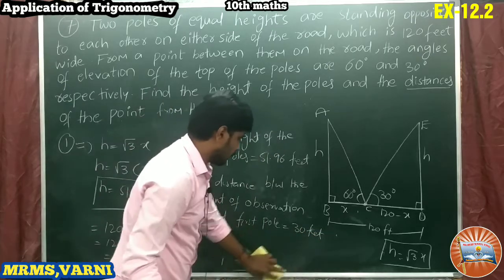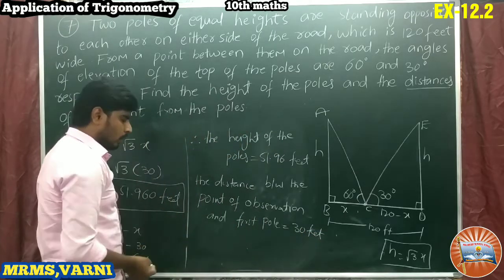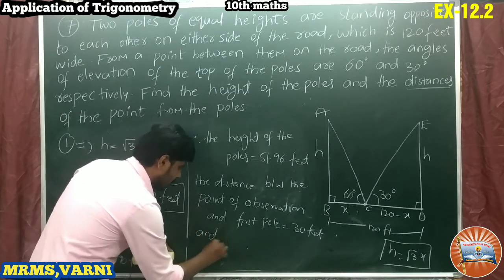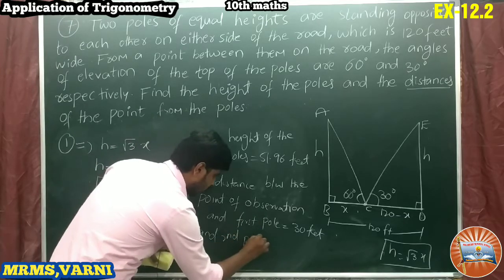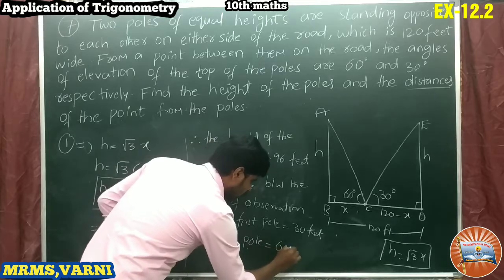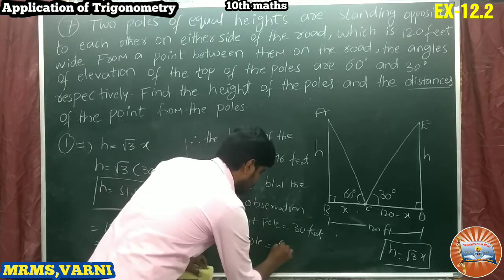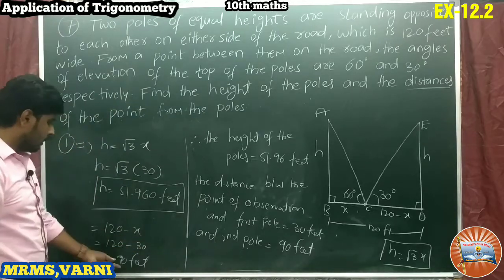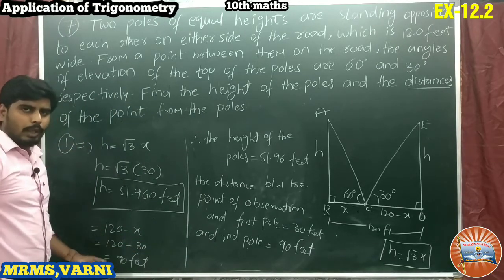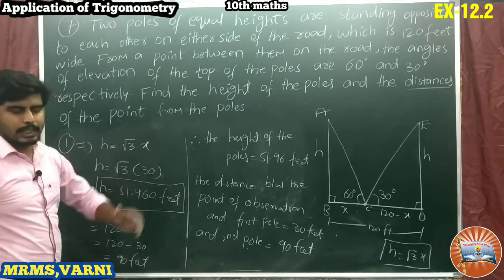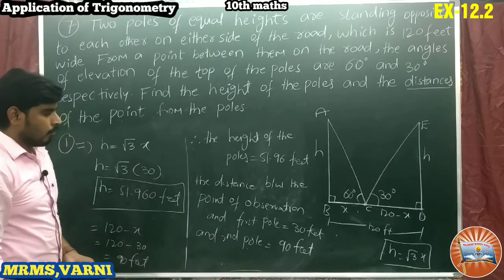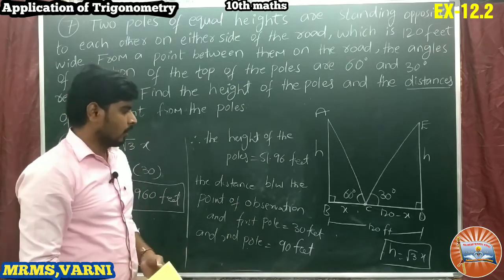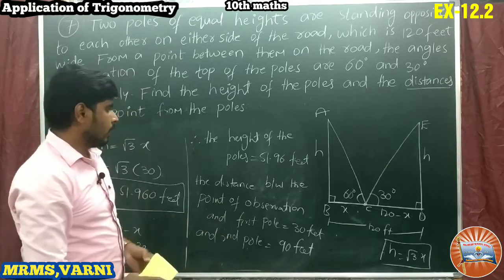Okay, and the distance to the second pole is, first pole 30 feet and second pole is how much? It is 90 feet, isn't it? We got here 90, that is nothing but the distance between the point of observation and the second pole. Okay, yeah, we got all the things. This is our required answer. I think you got the problem. Take the solution.